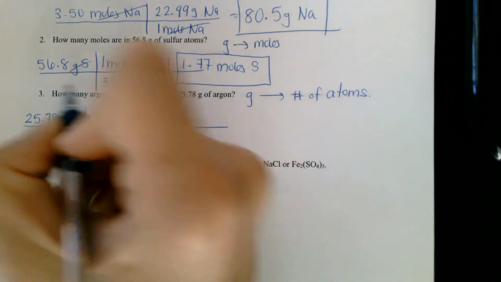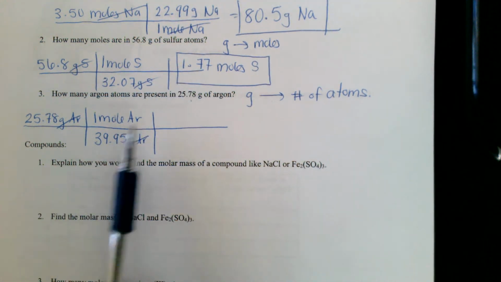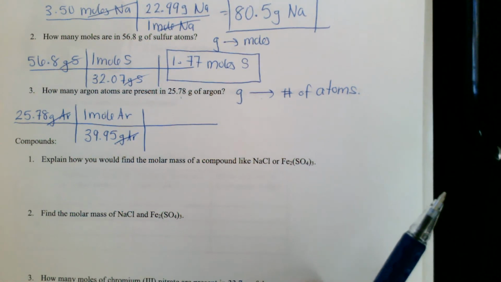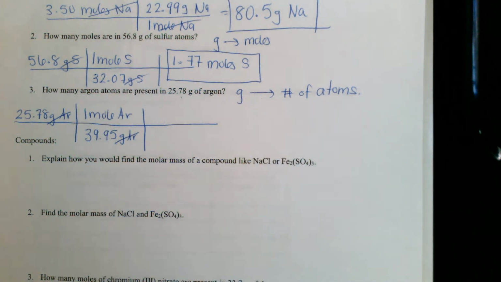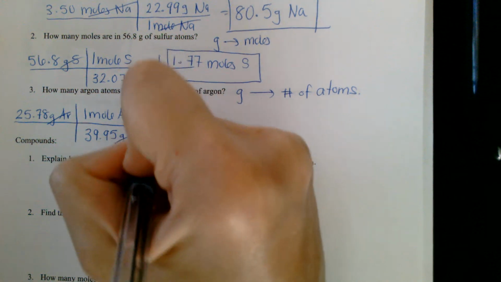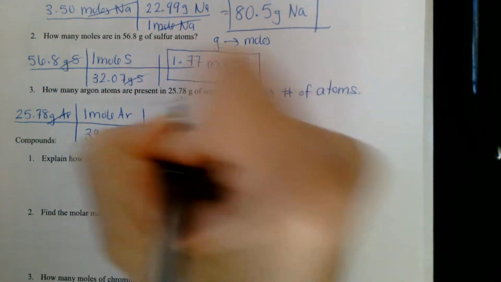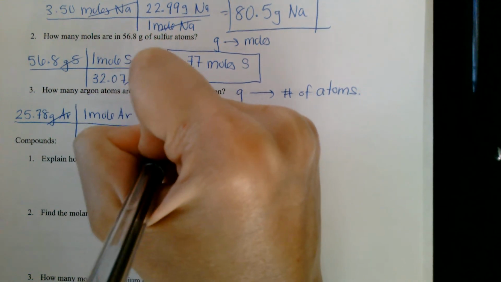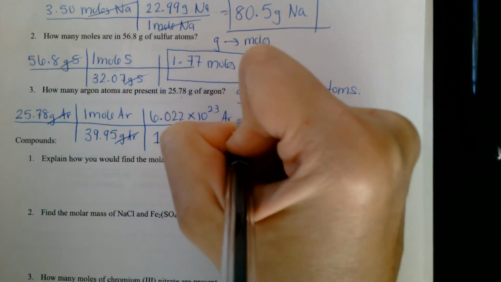Grams of argon cancels with grams of argon, so we're left with moles. And now to go from moles to number of atoms, we're going to use Avogadro's number, where we know 1 mole of argon equals 6.022 times 10 to the 23rd argon atoms.